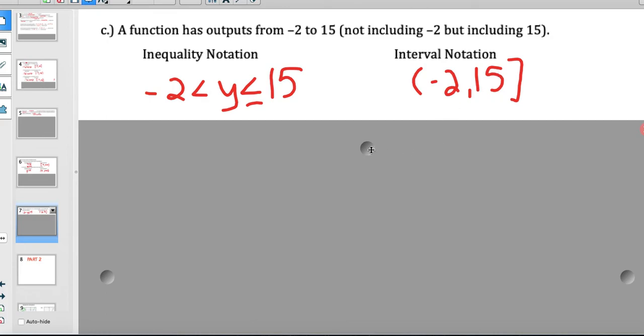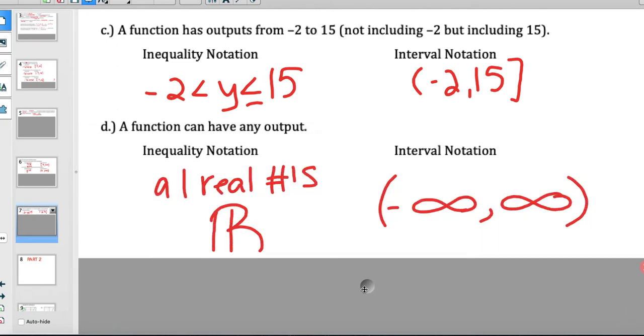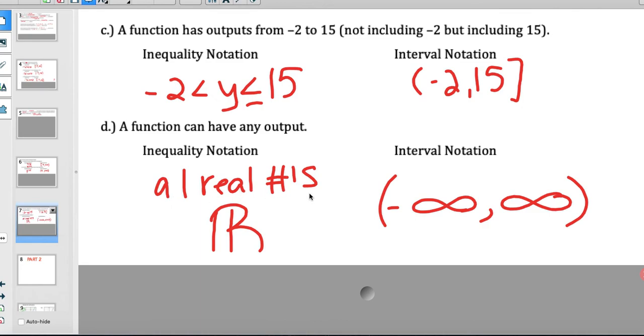And then the last problem here: a function can have any output, meaning it can go forever all the way up and all the way down. So for inequality notation, we're just going to write the phrase all real numbers.